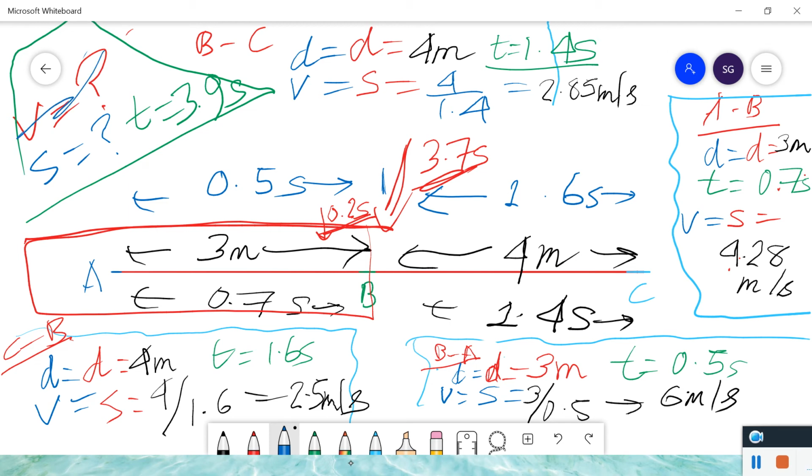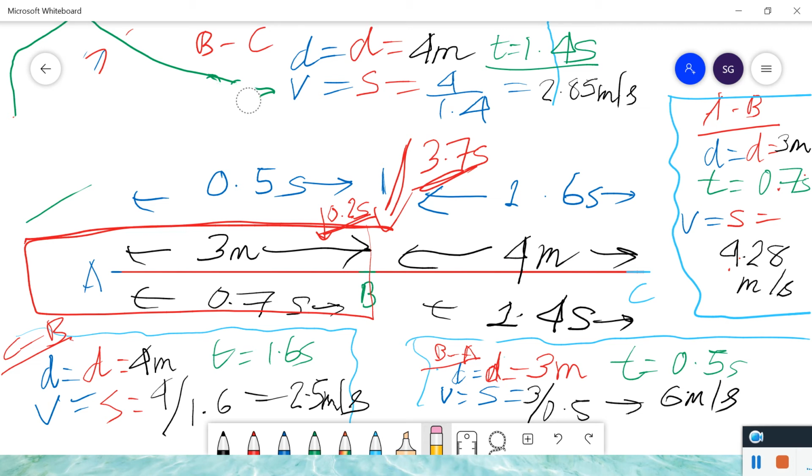Just remember the data that we have to find out the speed and the velocity after 3.9 seconds. I'm not rubbing anything because I think so it will make you understand better. Now see, 3.7 seconds it will be. We know that the point is here.